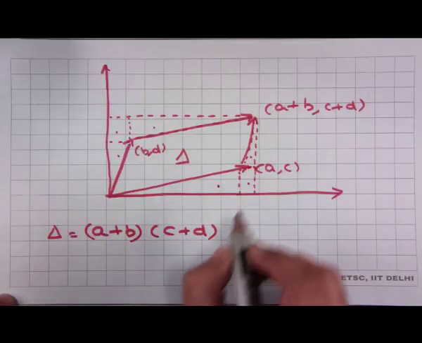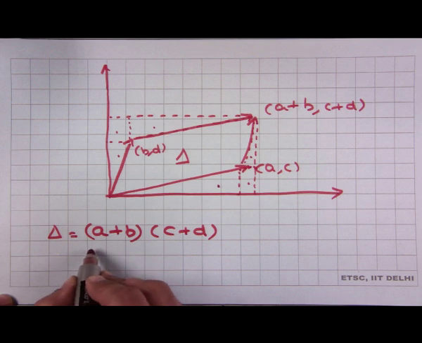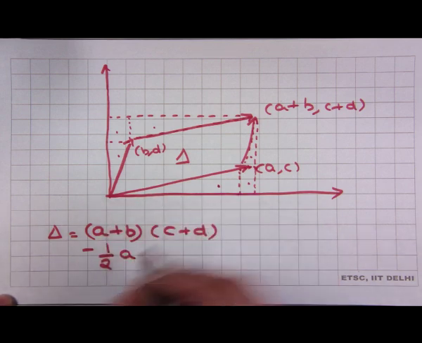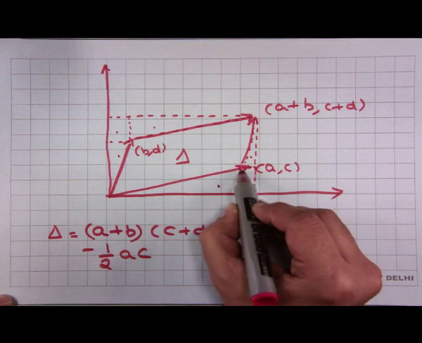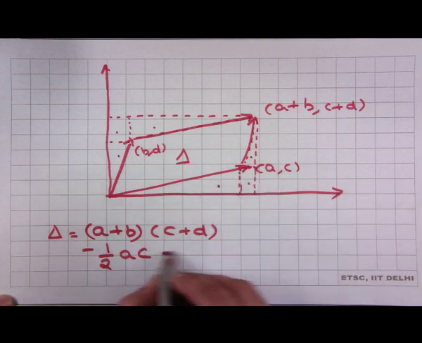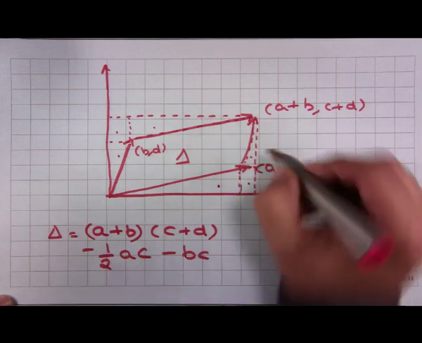So, this triangle is minus half times the base, which is a, and the height, which is c. For this rectangle, the height is c and the length is b, so minus bc.